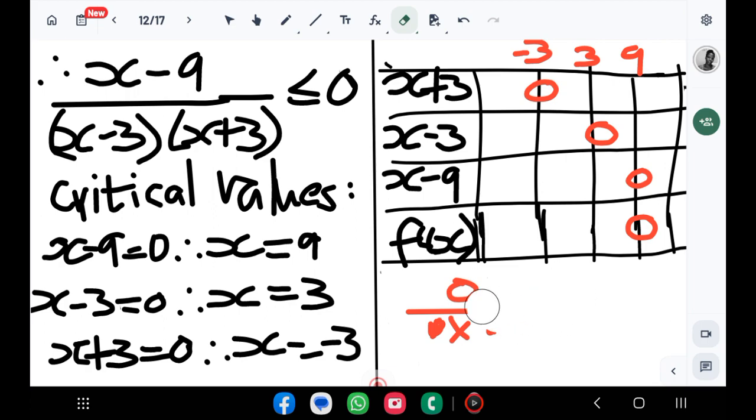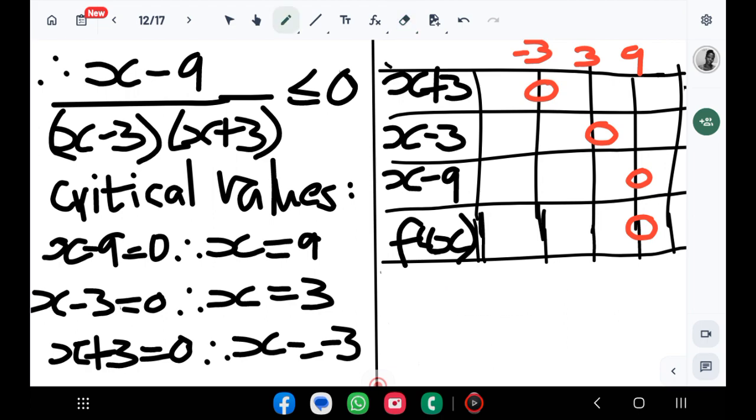Now, watch what happens when any of the other factors at the bottom are 0. So you will have whatever is at the top. When x minus 3 is 0, this is what happens. Let's just substitute.